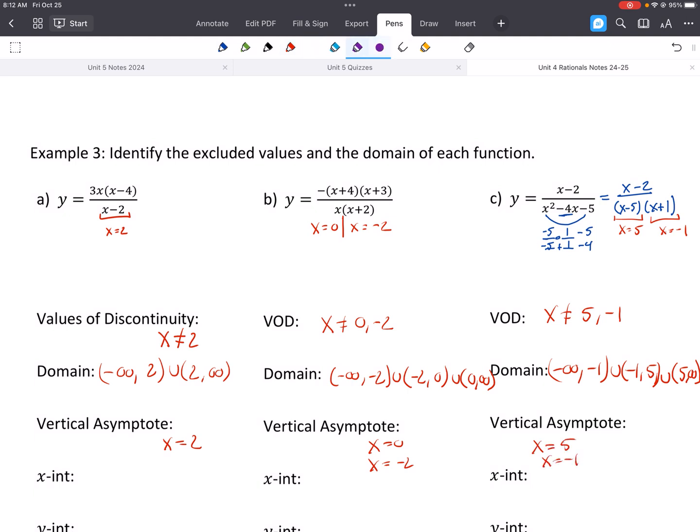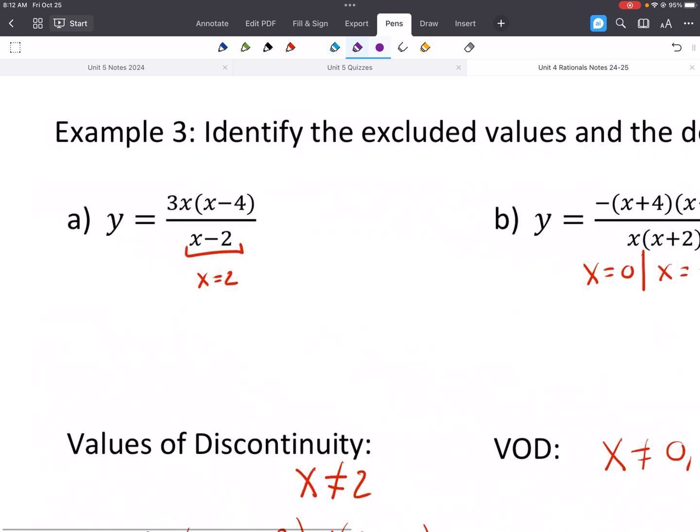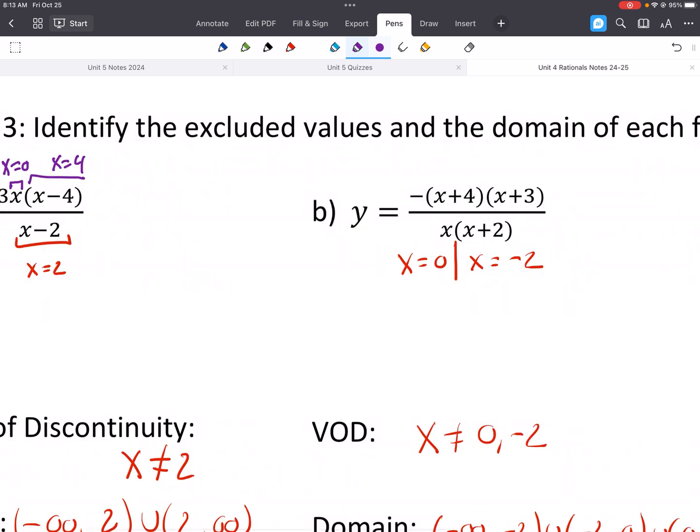X-intercepts, again, we want to find what makes the top 0. So this 3 out here, that doesn't really affect what we are trying to find. So we would just have either x is 0 or x equals 4. For the next one, we would say, again, that the negative tells us about reflection over the x-axis. It will help us with our horizontal asymptote, but won't affect our zeros.